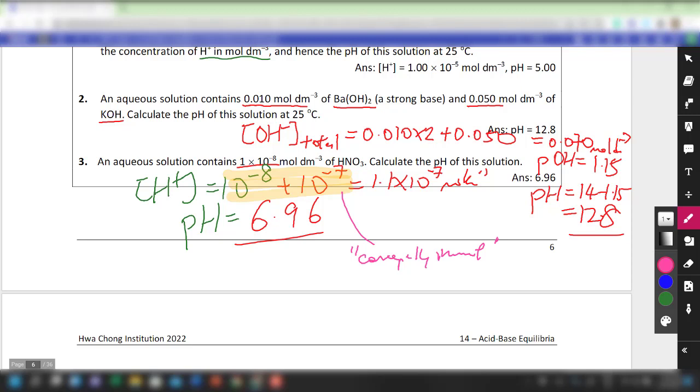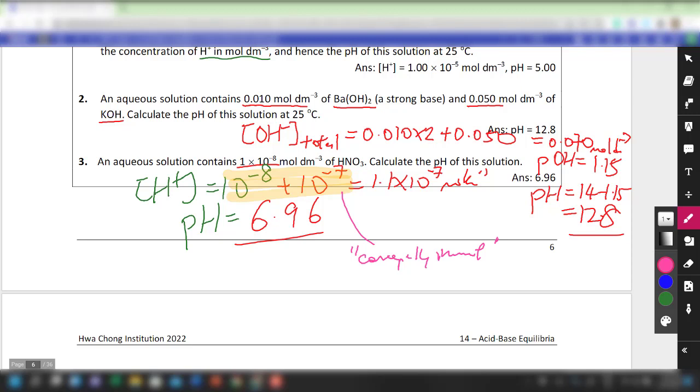So because of that, we can simply take 10 to the power minus 7 and calculate the pH. But when the system already has nitric acid, we are kind of dealing with a common ion, but we are not talking about salts here. I hope you see the difference.